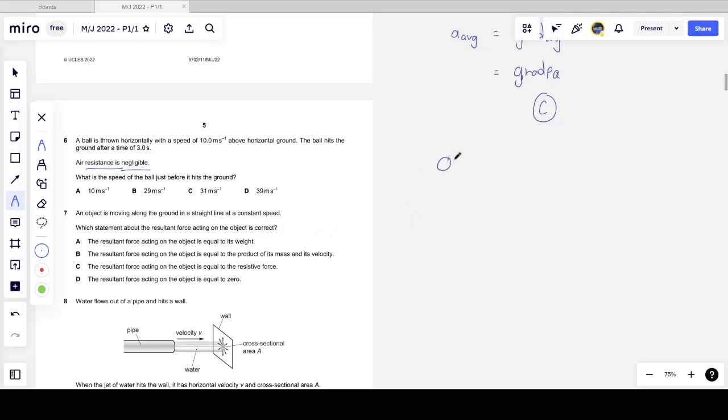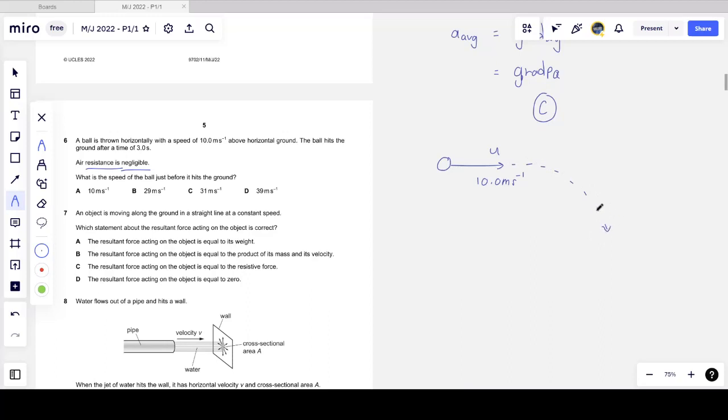So again, not necessary, but I'm going to draw a diagram. Here goes the ball with an initial horizontal speed u of 10 meters per second. It's above horizontal ground, and so it will follow the parabolic path.